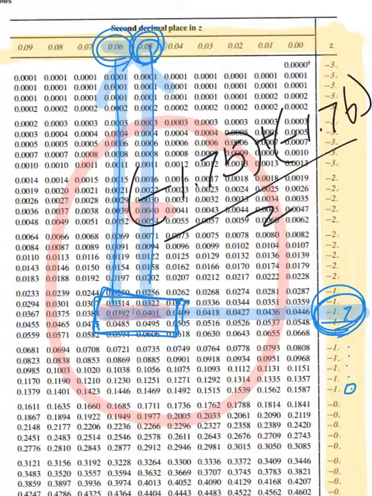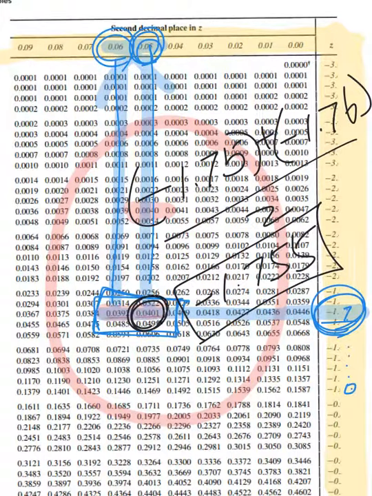So most of the time, we couldn't find the exact probability. So usually, we have two z-scores and take the average. So did you get negative 1.755? But in this case, 0.04 is closer to 0.0401.